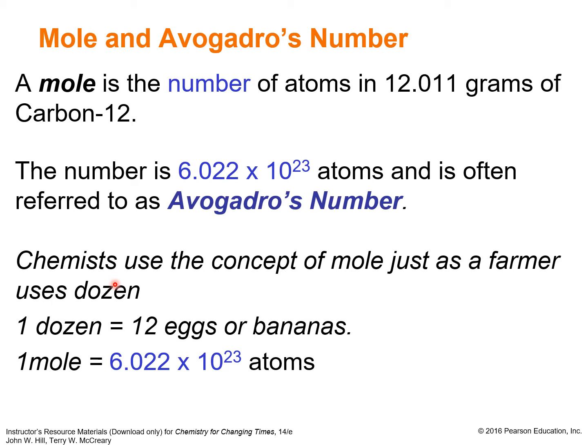I could say I have a dozen pencils, and you will know I'm talking about 12 pencils. Or a farmer might be selling eggs or bananas, and he'll say I have 1 dozen eggs. So we understand the number is 12. Similarly, whenever we talk about Avogadro's number, we know that 1 mole corresponds to 6.022 times 10 to the 23 atoms.